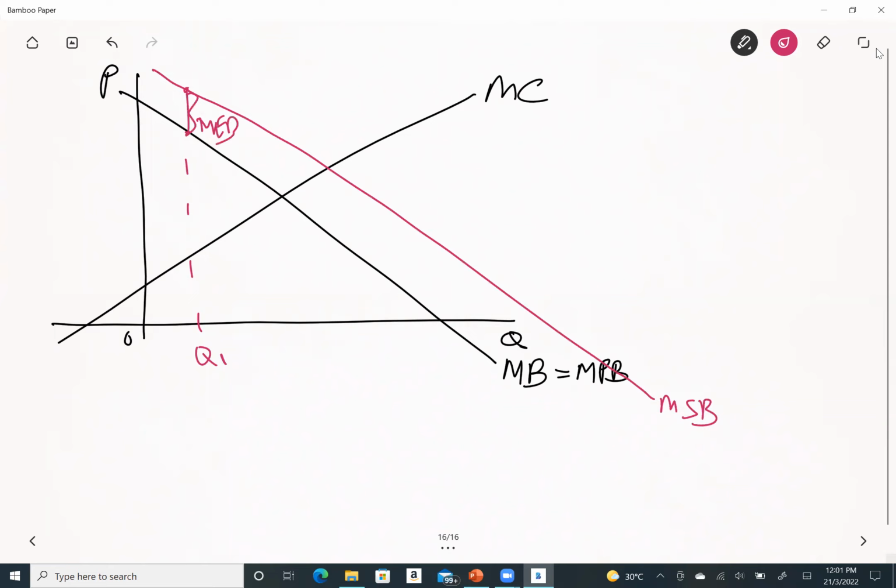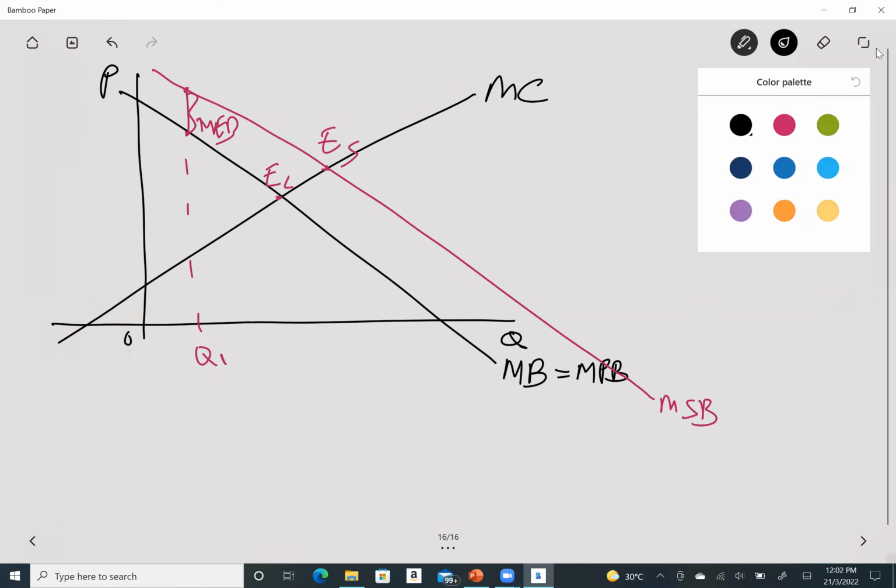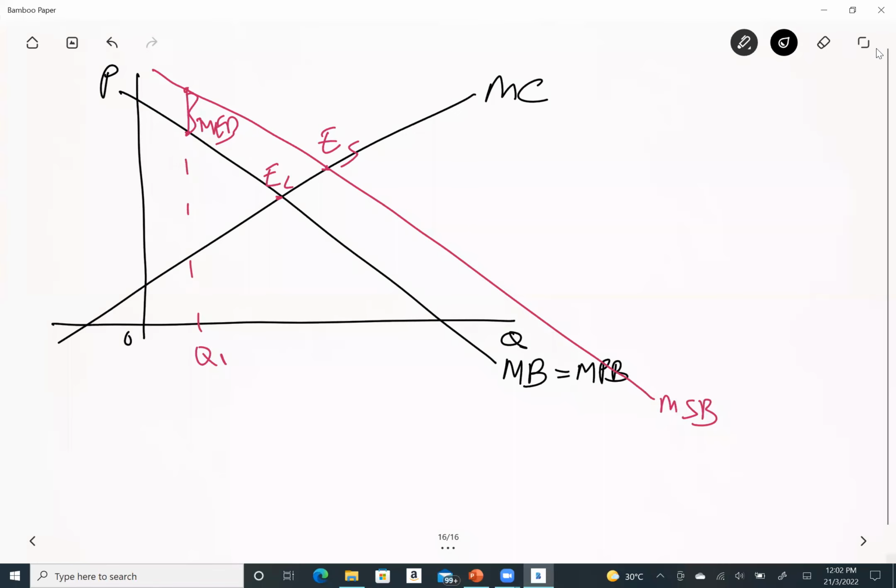And the equilibriums are, you have your ES, here is EC. Okay, so label the equilibriums, make the comparison. What can you say?